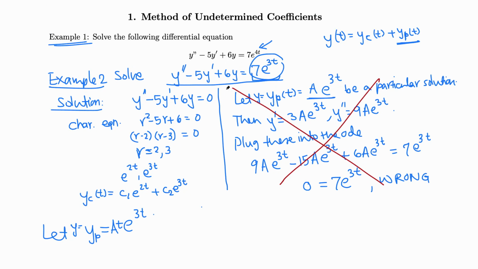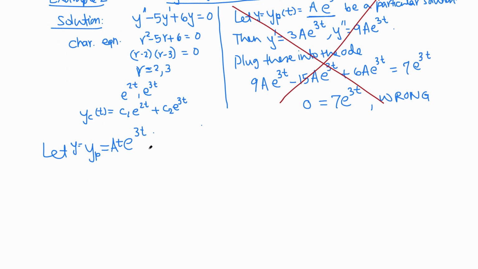Now we do the same work. We need y prime and y double prime. But now y is a product of two functions, so we must use the product rule. a stays here, the derivative of t is 1 times e^3t, plus t times the derivative of e^3t, which is 3e^3t.